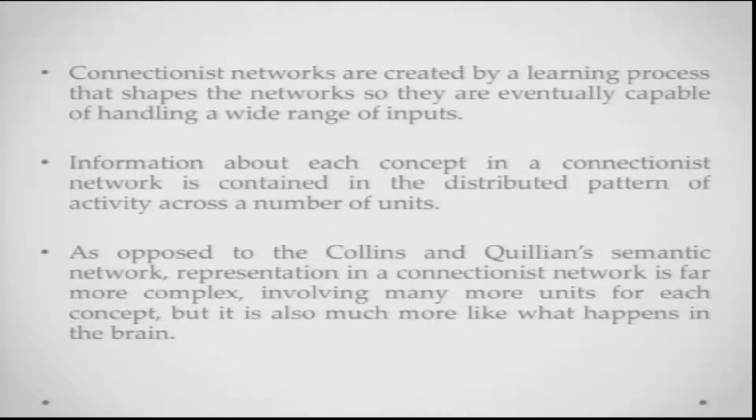Now, these connectionist networks are created by a learning process that shapes them so that they are eventually capable of handling a wide range of inputs. Information about each concept in a connectionist network is contained in a distributed pattern of activity across a number of units.